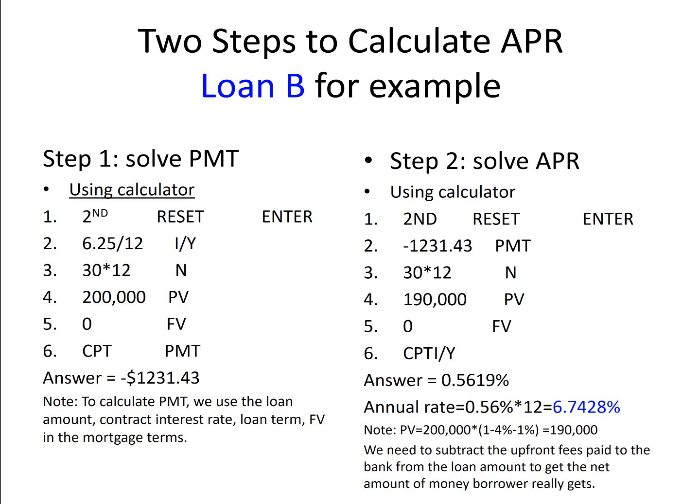Using the information for loan B, the annual interest rate is 6.25%, divided by 12 to get the monthly interest rate. Loan B has a monthly mortgage payment of $1,231.43. To solve for the annual percentage rate, loan B has a monthly payment of negative $1,231.43.